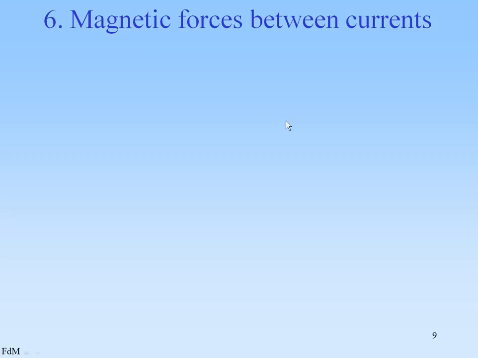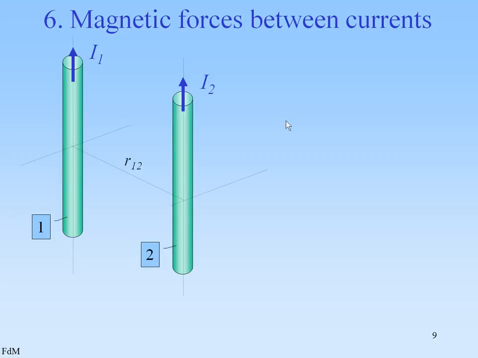Now, magnetic forces between currents. Suppose we have two straight lines carrying currents I1 and I2, and the distance is R12. The question is, determine the mutual force that current 1 exerts on current 2.